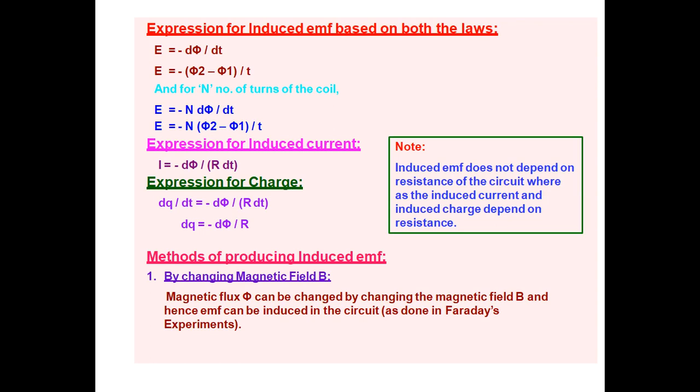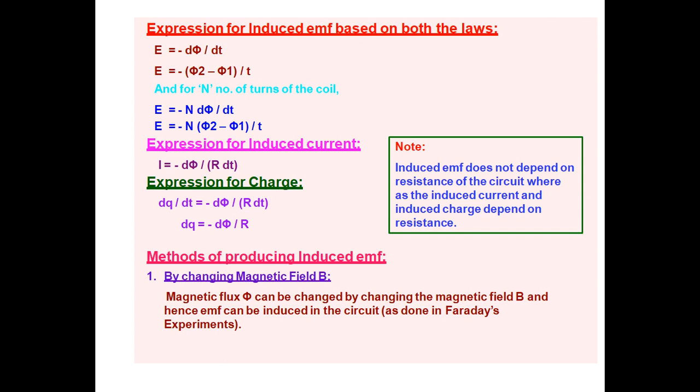So this is the expression for induced EMF that is based on both laws. Which both laws? The first is Faraday's laws of electromagnetic induction, and the other is Lenz's law.